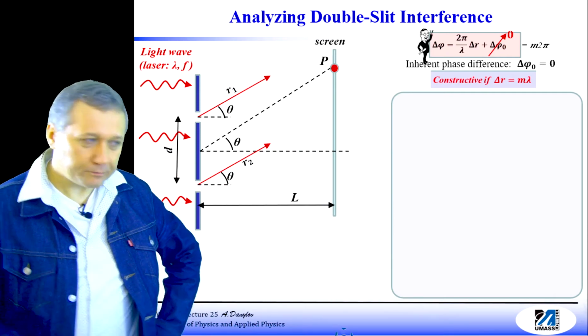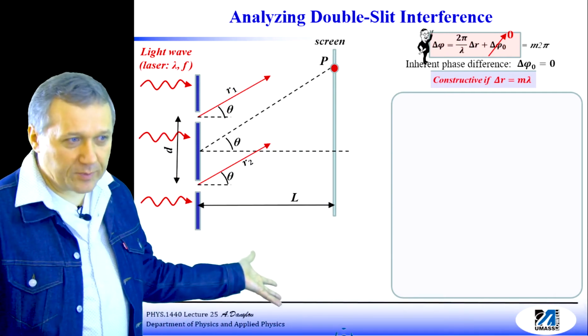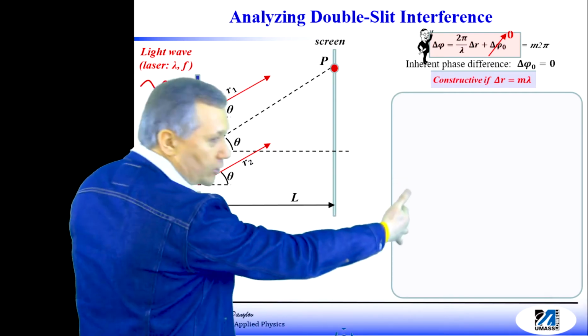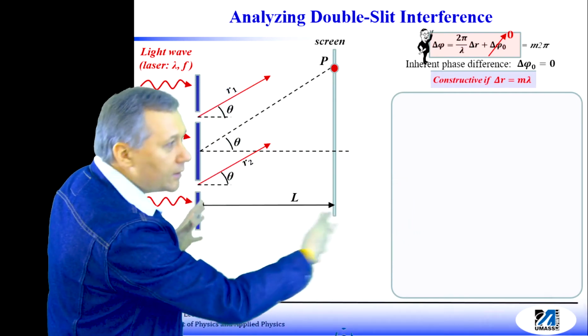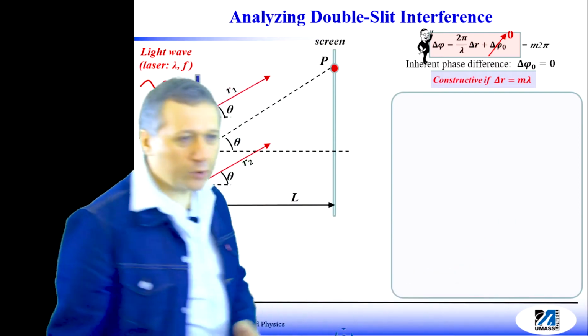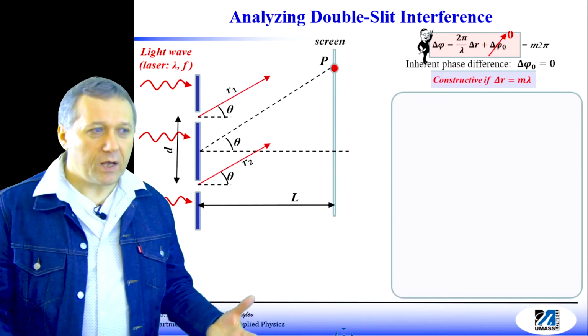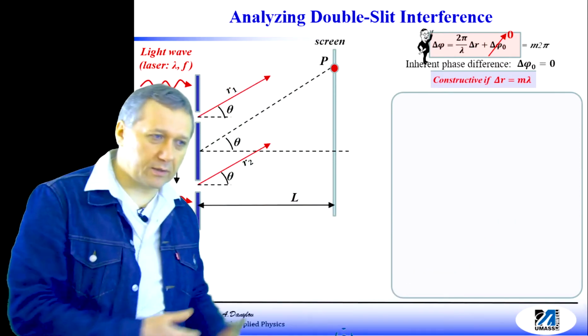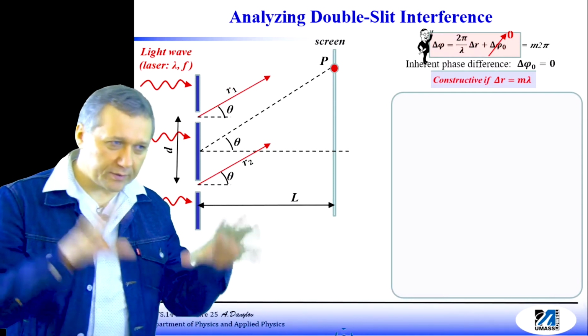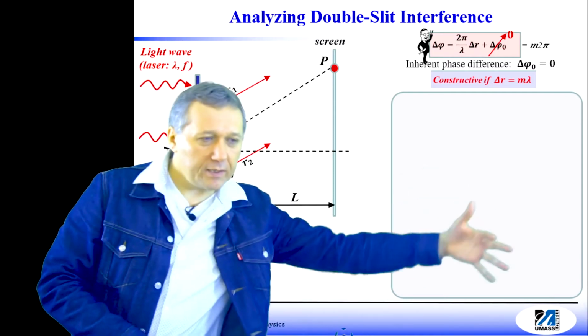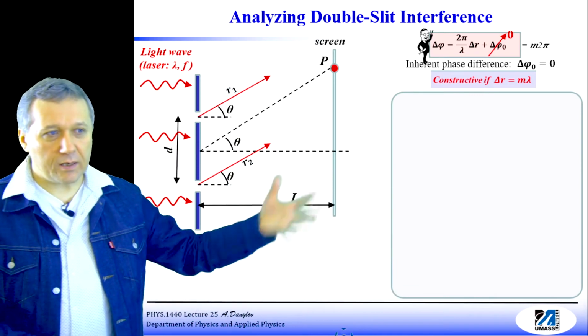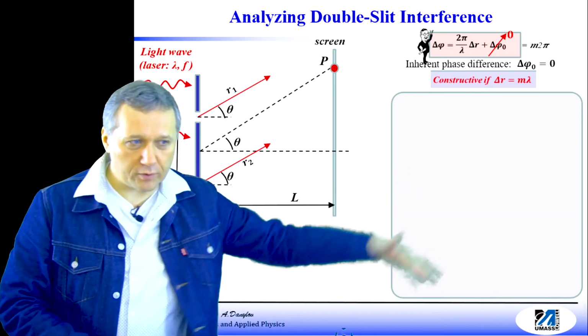Usually, of course, in experimental life, this distance to the screen, this L, is, I don't know, several meters. Usually, during the normal semesters, I use a demonstration in the lecture class, and I usually bring the laser. So this double slit, and usually we see the interference pattern on the wall.